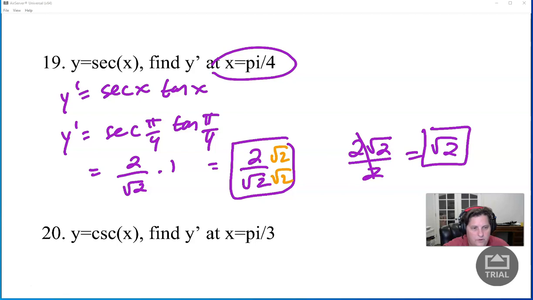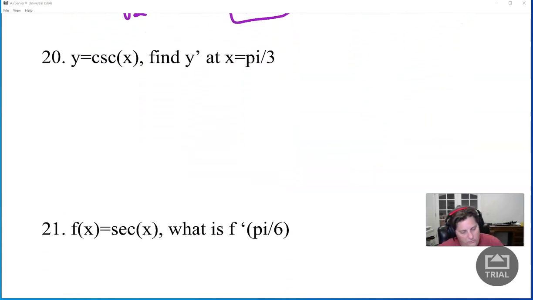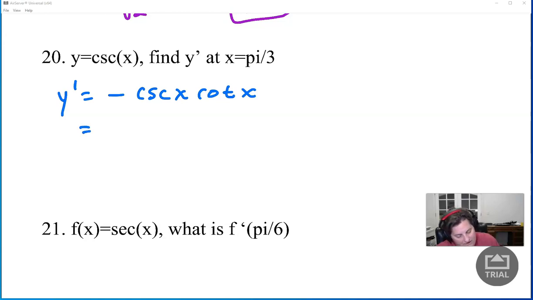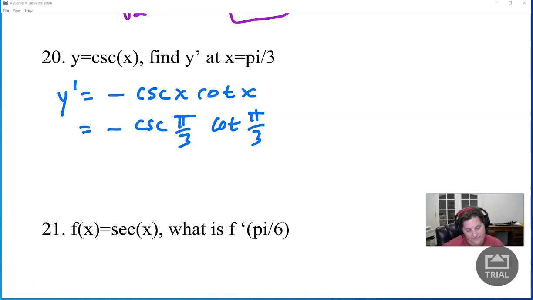Okay, cosecant. Here we go. The derivative of cosecant is negative cosecant cotangent. So I need to find negative cosecant of pi over 3, cotangent of pi over 3.